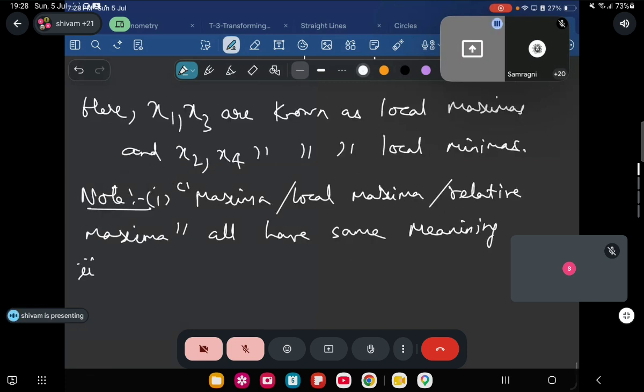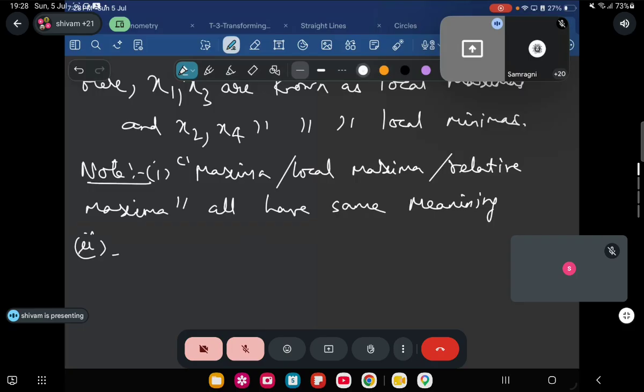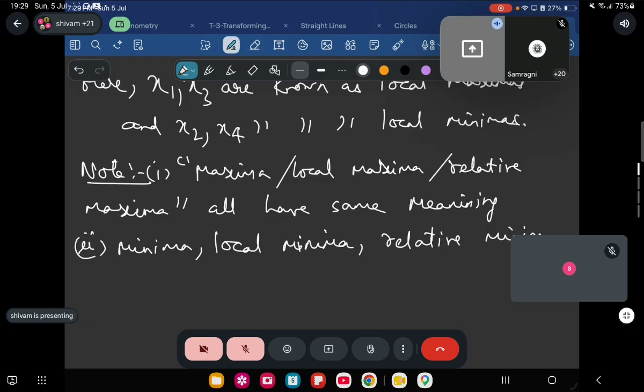Number 2: similarly, minima, local minima, or relative minima all have the same meaning. Tell me, are you people getting it?